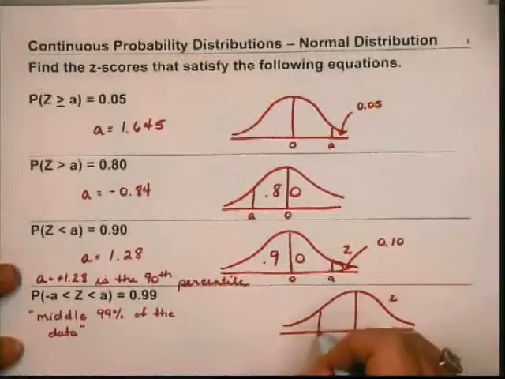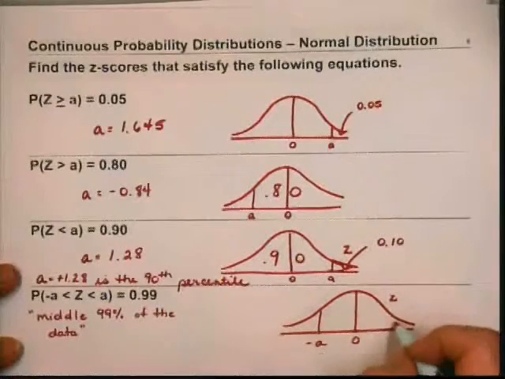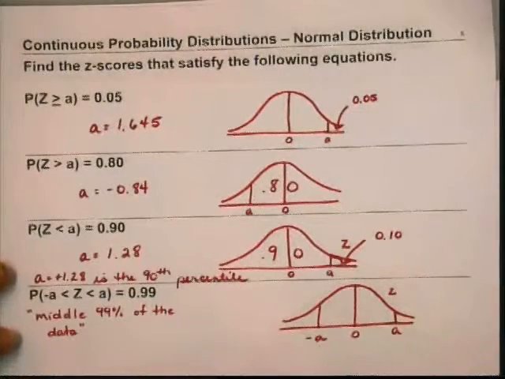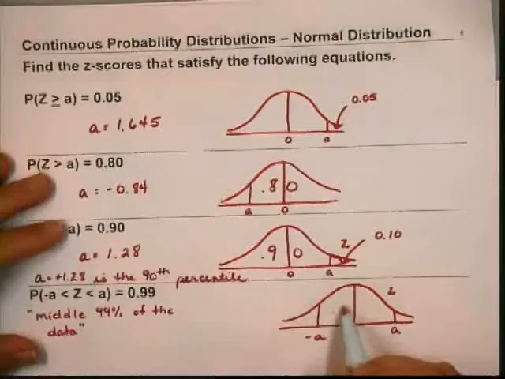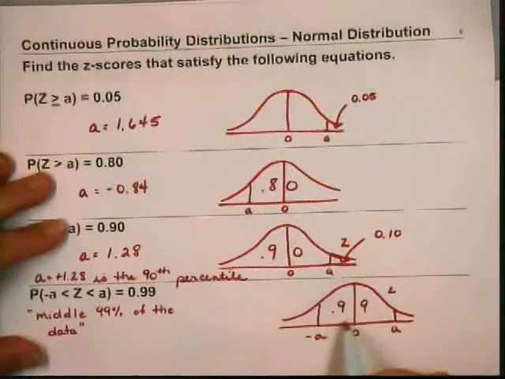So we want to find minus A, same distance over, plus A. They should have been the same size, but all right. So we're looking for this area in between these two to be 0.99.